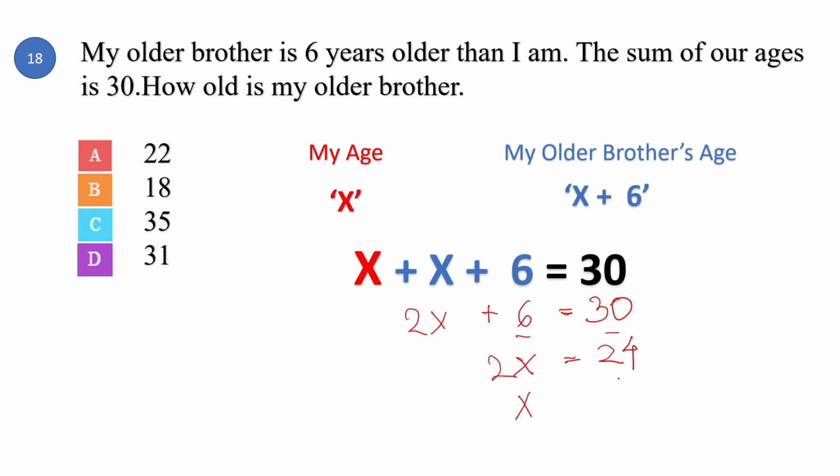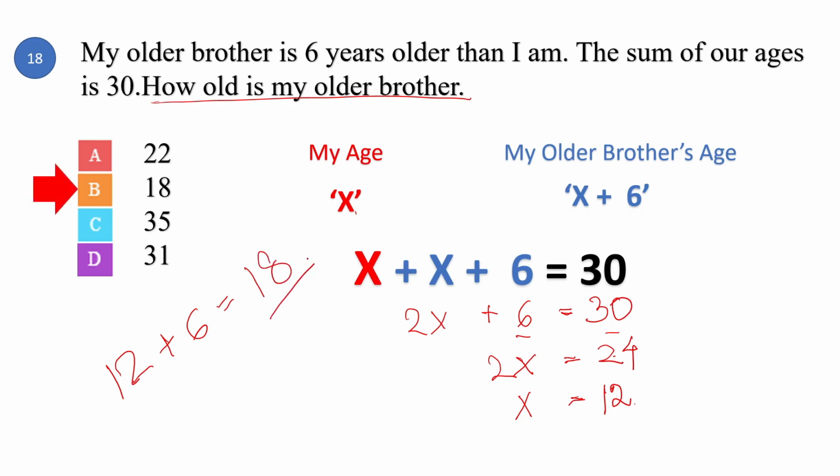And for X I need to divide by 2 on both sides. So this will be 24 divided by 2, which is 12. So your answer is that my age is 12. But wait here. What they are asking is how old is my older brother? So my answer will be 12 plus 6, which is equal to 18. So your answer is option B, 18.